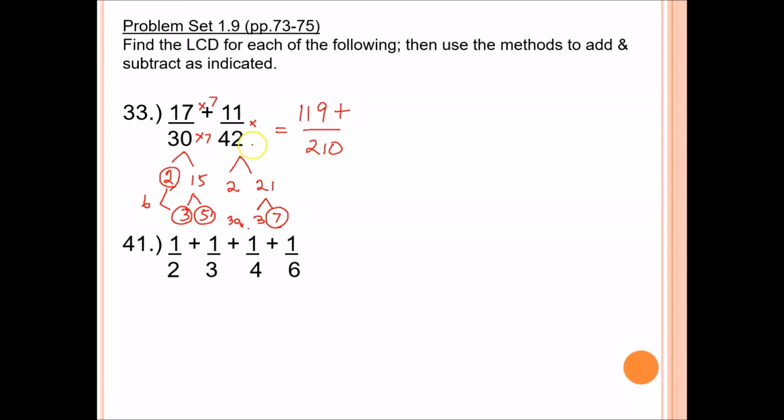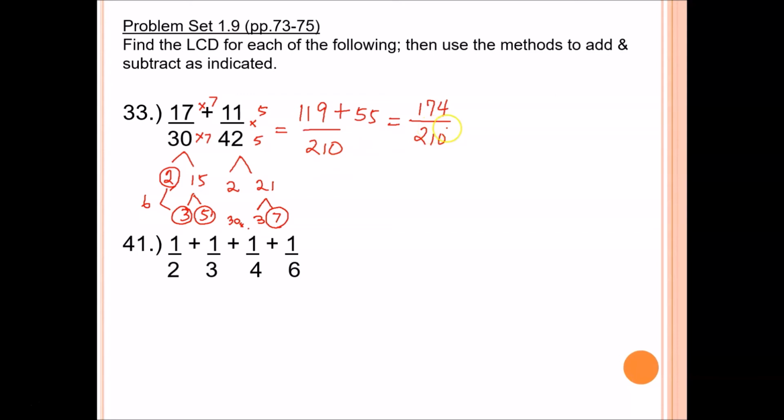We multiply this by 5, so the top is also 5. So 11 times 5 is 55. And finally, 119 plus 55 is 174 over 210.